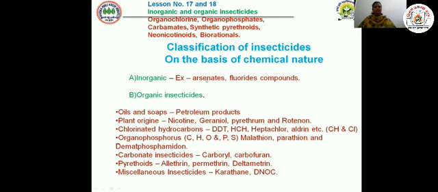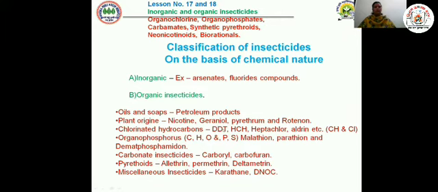Inorganic, example is arsenates and fluoride compounds. Organic insecticides, under that oils and soaps, petroleum products. Then plant origin: nicotine, geraniols, pyrethrum, rotenone.